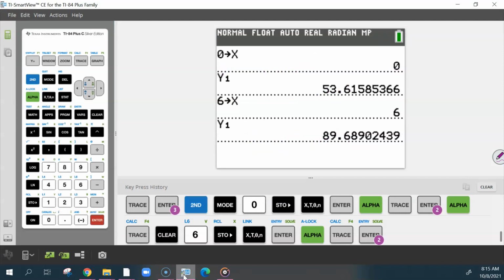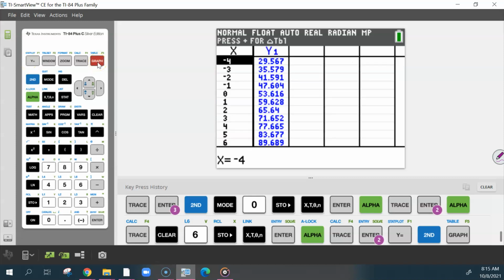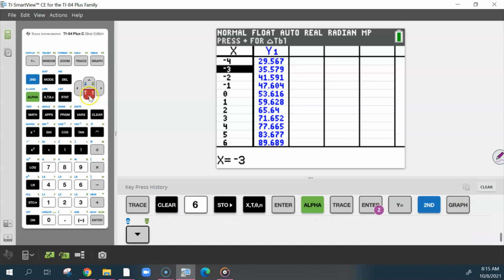Go into your table. You don't need to put anything in y1 because it's already there. We're looking for our y value to be over 100. As I go down, this is getting higher, so somewhere between 7 and 8 would be my answer.